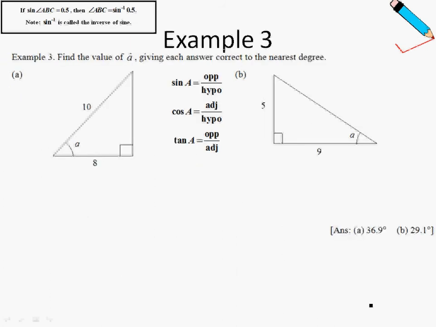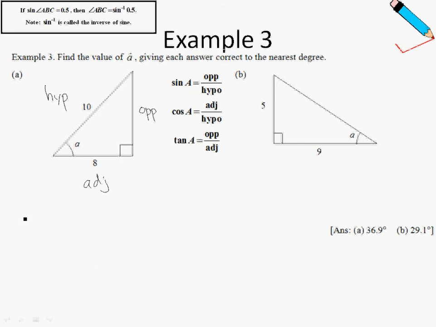Example number 3. Find the value of angle A, giving each answer correct to the nearest degree. We will always start off by identifying the opposite, the adjacent, and the hypotenuse. With regards to angle A, the opposite will be this side, the adjacent is over here, and the hypotenuse is over here.